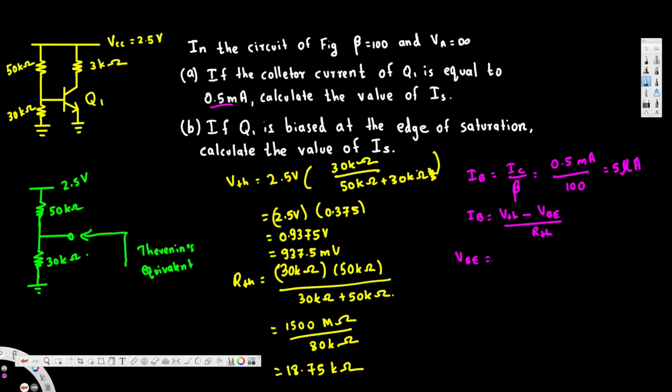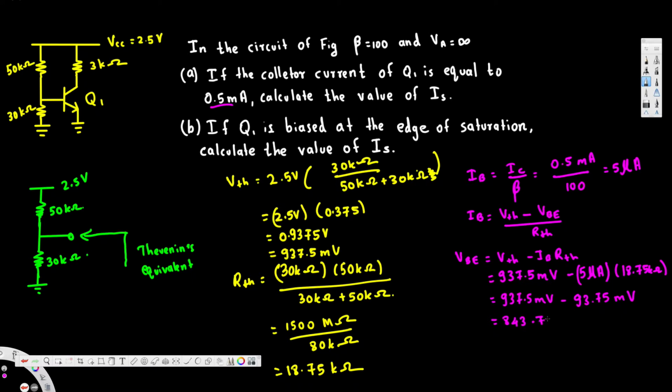VBE is basically VThevenin minus IB RThevenin, that is 937.5 millivolts minus 5 microampere multiplied by 18.75 kilo ohm, and this gives us 937.5 millivolts minus 93.75 millivolts, and that's equivalent to 843.75 millivolts. Okay, this is VB.